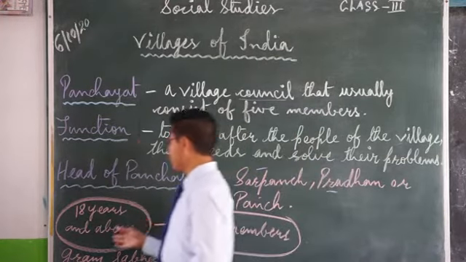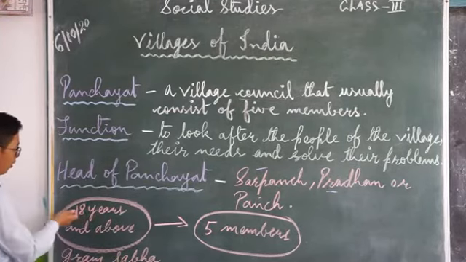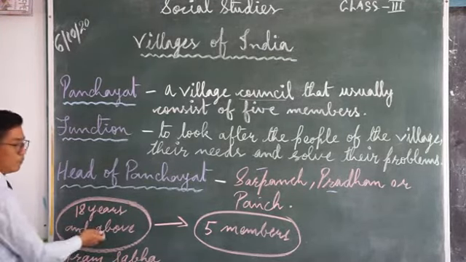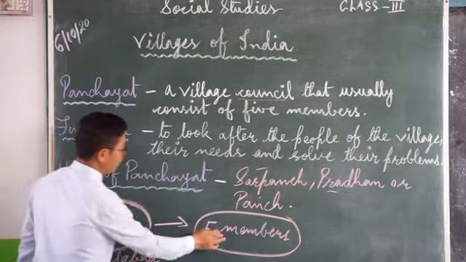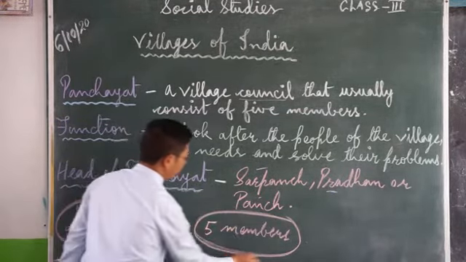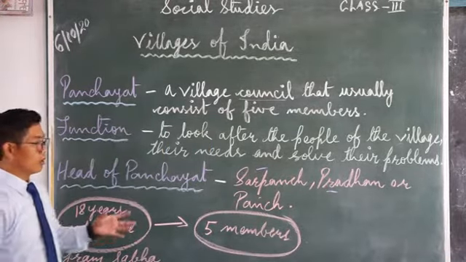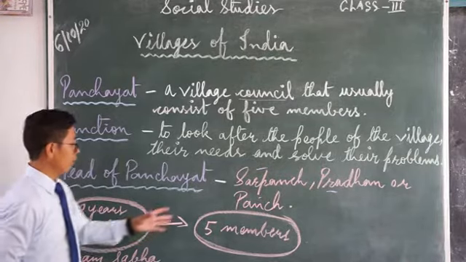Okay, so in this Gram Sabha meeting, all the 18 years and above people, they choose 5 members who are capable to rule or to fulfill the needs of the villagers.